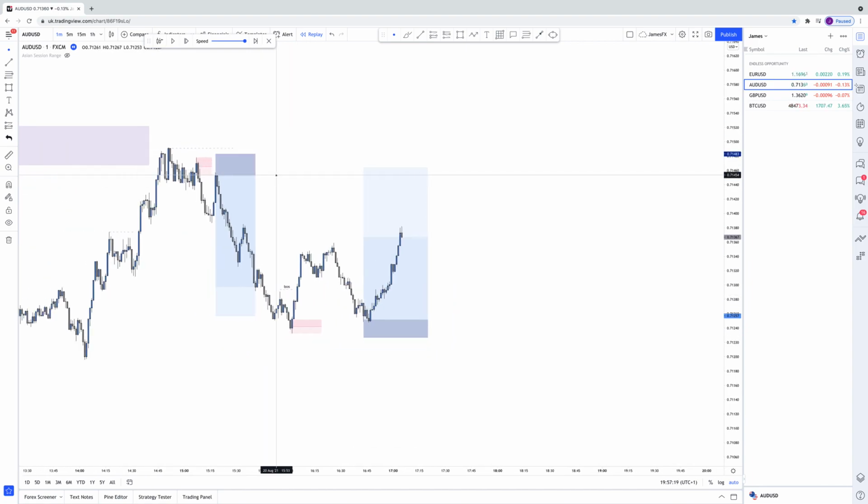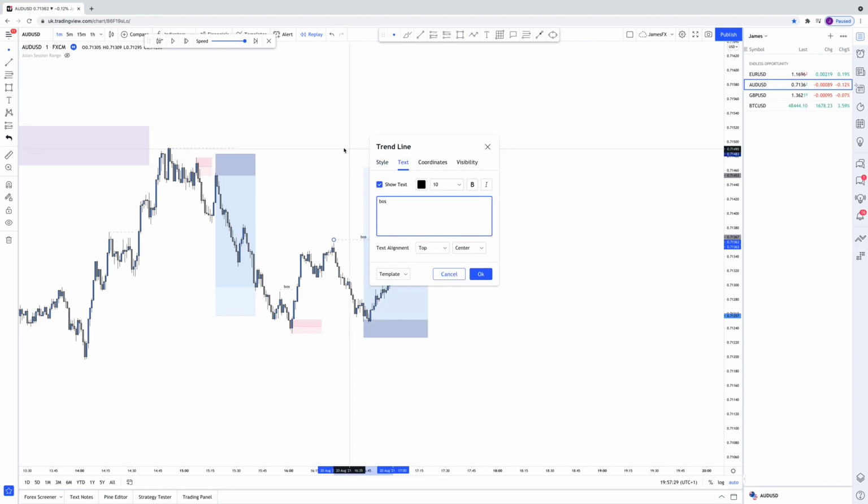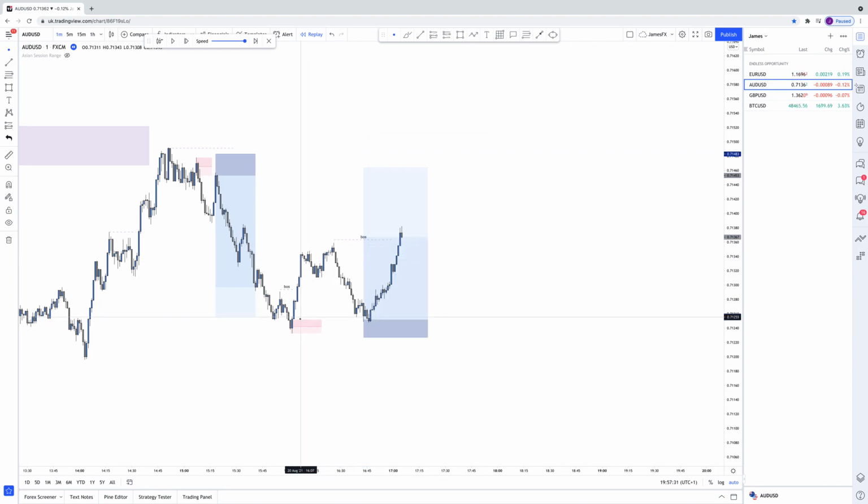Okay, so again, if I was to be taking this trade, I would be looking at this area here, because that is the most recent high. So we break structure, we put in a high, a low, higher high, higher low, we break it, we tap in, we get filled on the entry, and that's the high I want to see taken out.